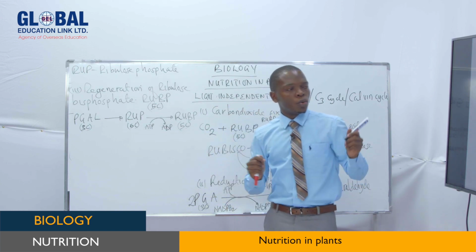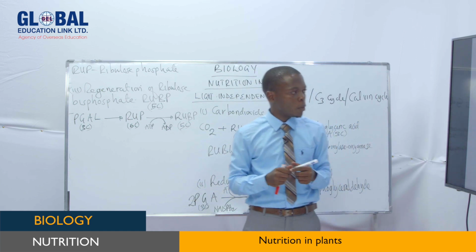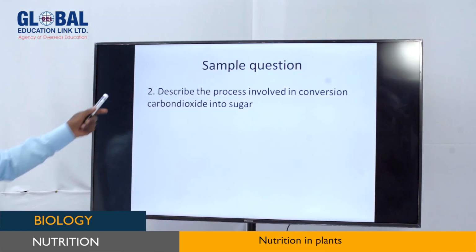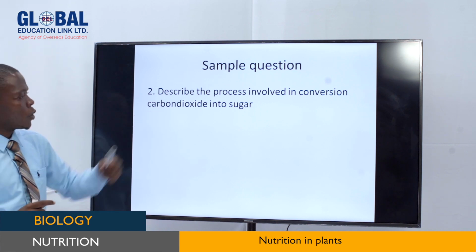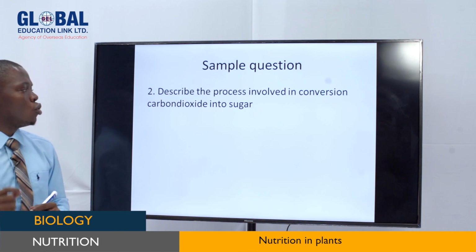Let's take you back to some of the sample questions so that you can understand how this process can be explained. Let's see this question. Describe the process involved in conversion of carbon dioxide into sugar.